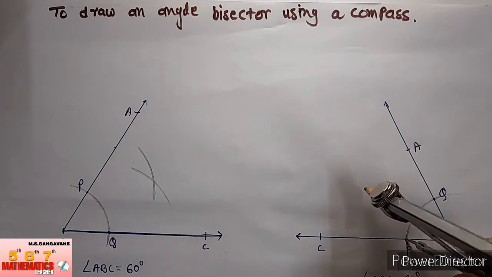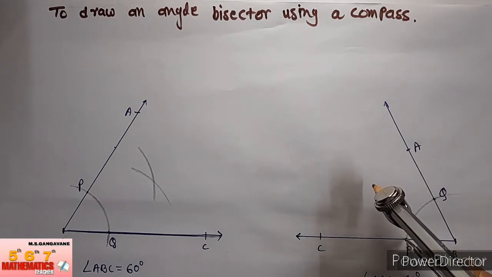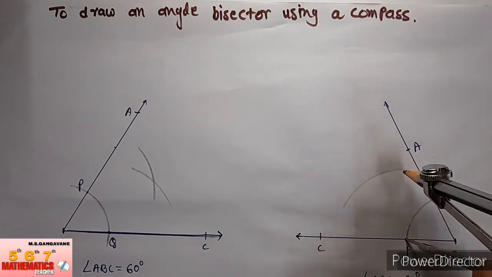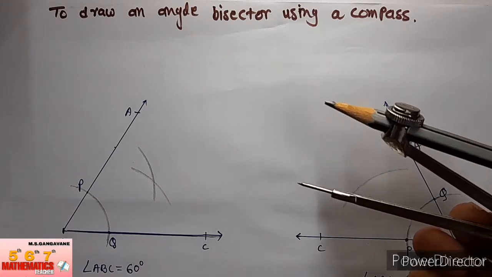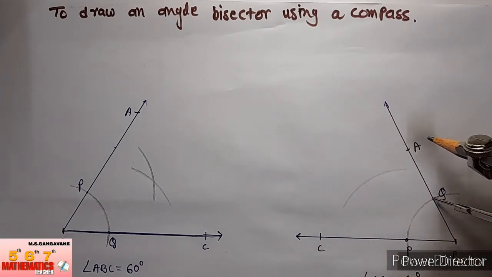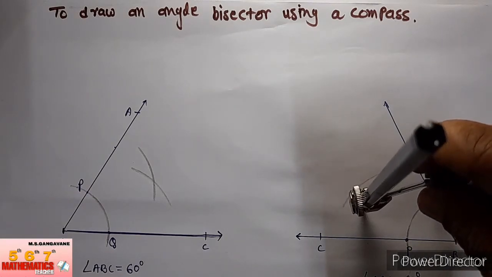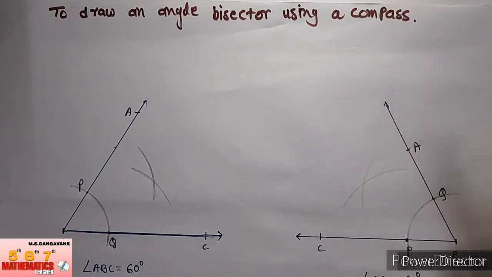Okay. Now again this side, look, take the distance in the compass and the metal point on P and make the arc inside the angle ABC. Pick up and stay on Q, same distance not changed, make the arc to intersect the first arc.